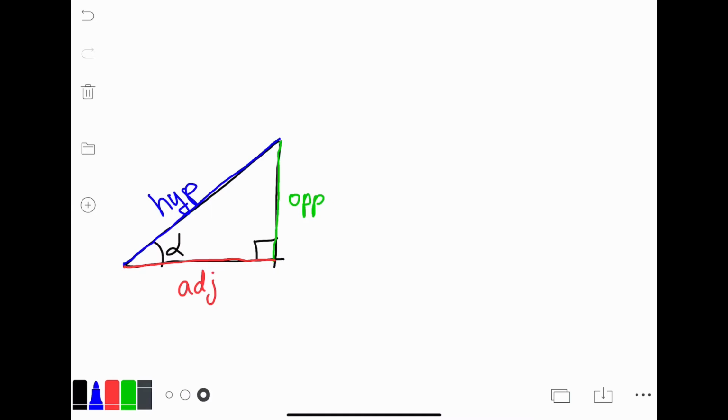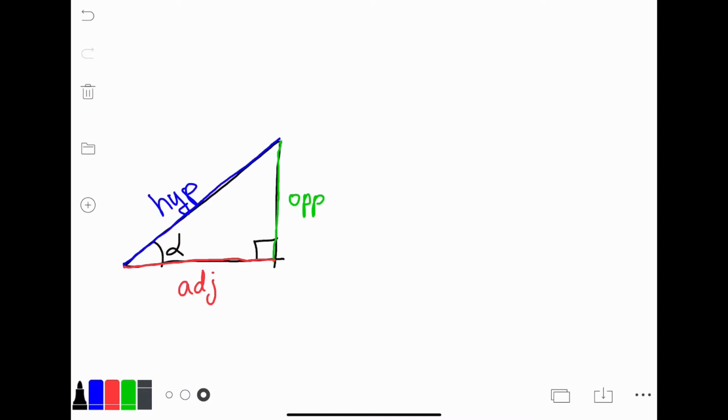Again, there technically is the other angle beta, but beta is just the complementary angle to alpha, so we don't really have to worry about it too much, and if we do, it's very easy to calculate. Let's just focus on angle alpha and the three sides associated to it. Trigonometry focuses a lot on ratios. So if we see here three sides and we want to create a ratio between two sides, how many possible combinations can we create of the three sides? Let's think about that.